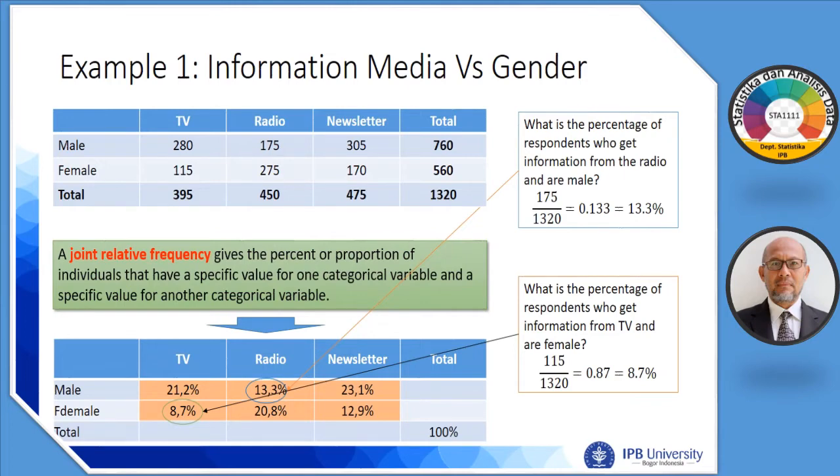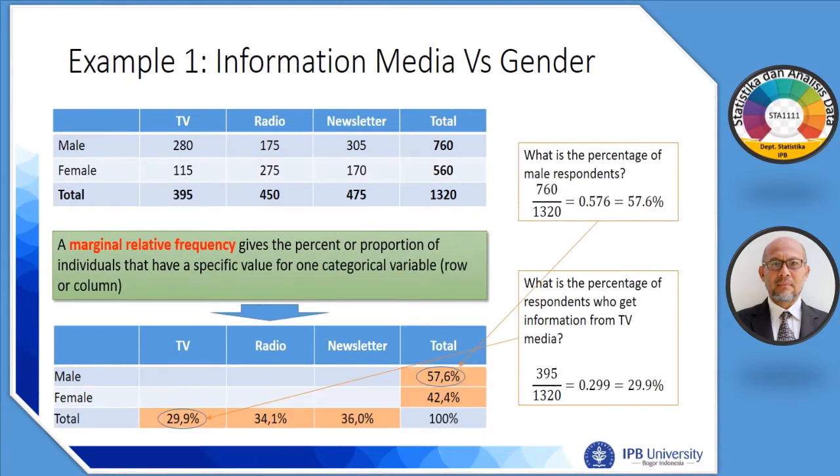So we also call this a joint relative frequency. As a summary, a joint relative frequency is the percentage of the frequency in a specific cell divided by the total of respondents, right?